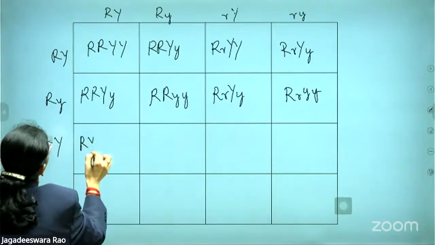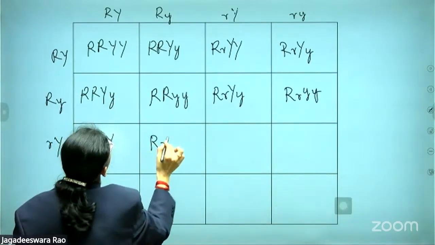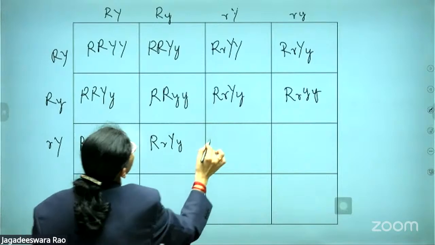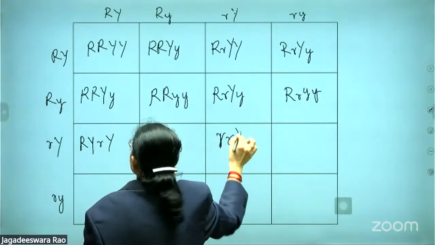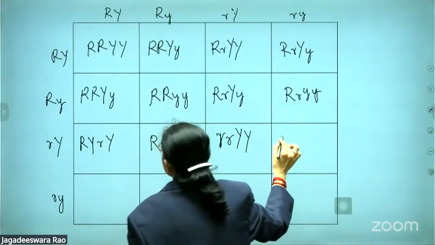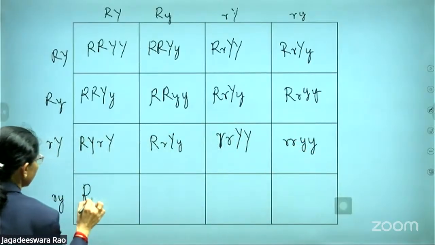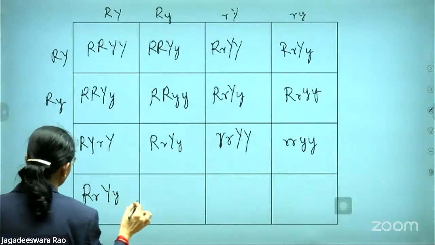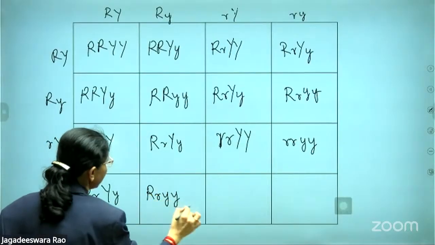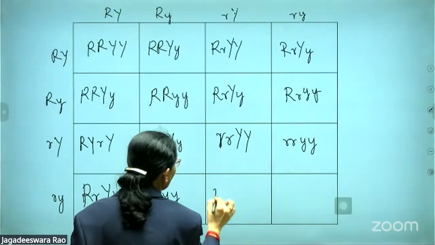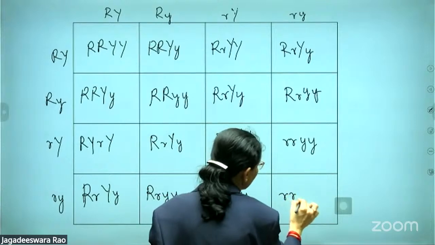Capital R, capital Y, small r, capital Y, capital R, small r, capital Y, small y, small r, small r, capital Y, small r, small y, capital R, small r, capital Y, small y, capital R, small y, small r, small r, capital Y, small y, small r, small y.